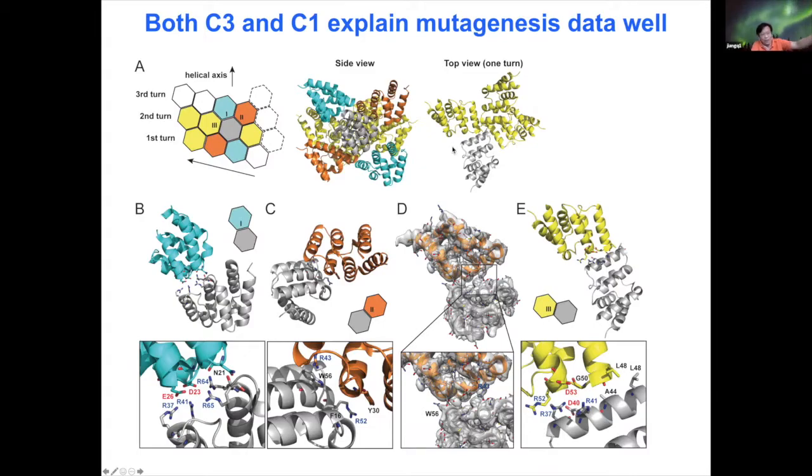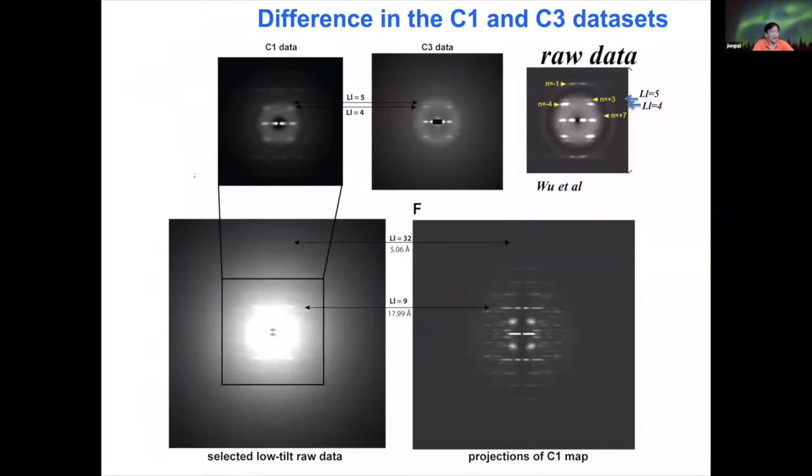I'm not going to get into details of the mutagenesis data; shown here is just a few examples. You can see the residues involved in the molecular interface for building the helical filaments can be mutated and disrupt or destabilize the filaments, which will then dampen the signaling pathway from RIG-I viral RNA complex to MAVS.